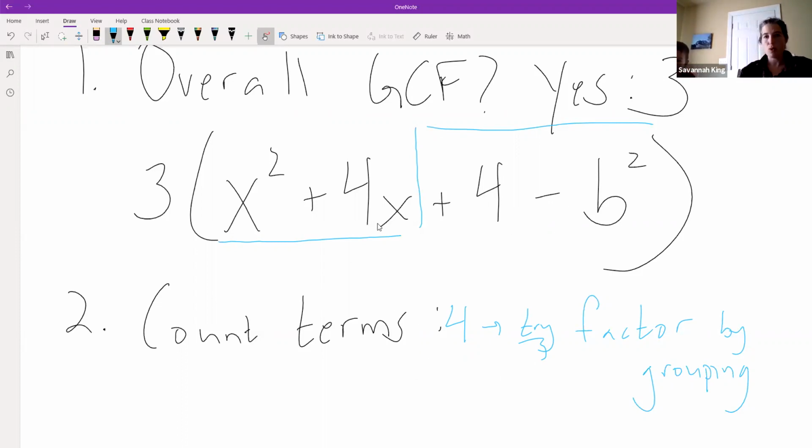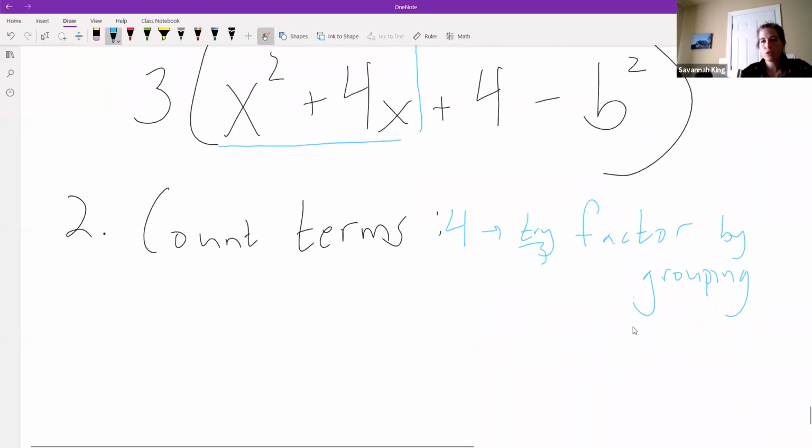I will never throw one of these problems at you, and it looks like the book won't either, where you actually have to rearrange the terms. But just bear in mind, in a higher level class, they sometimes do give you four-term things that appear to not be factorable, but really are if you pull a couple of terms in a different order. But in this case, that b squared throws everything off. So we try factor by grouping, but it doesn't work.